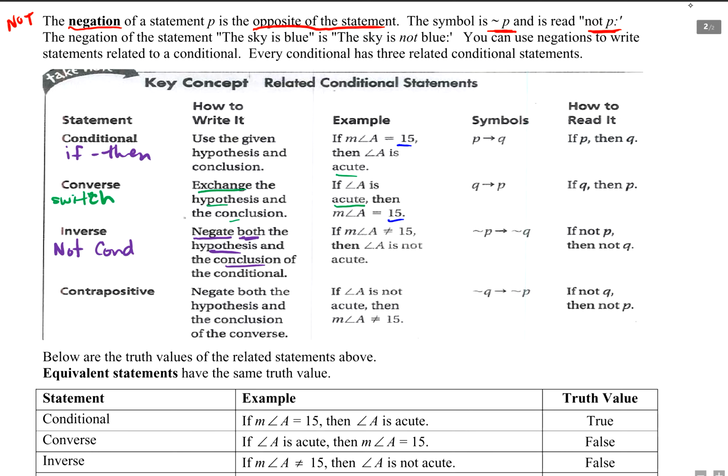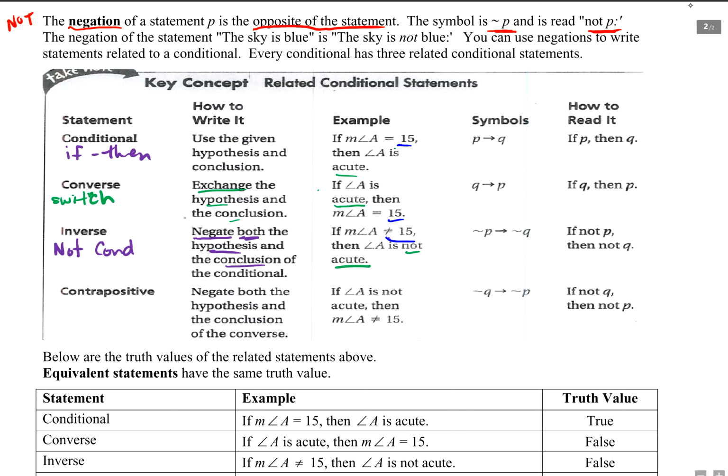So let's look at this. If the measure of angle A is not 15 degrees, then it is not acute. Do you see how that's just our conditional up here? Our conditional was if 15 degrees, then acute. This is if it does not measure 15 degrees, then it is not acute. And notice over here we have our symbols, not P, then not Q.